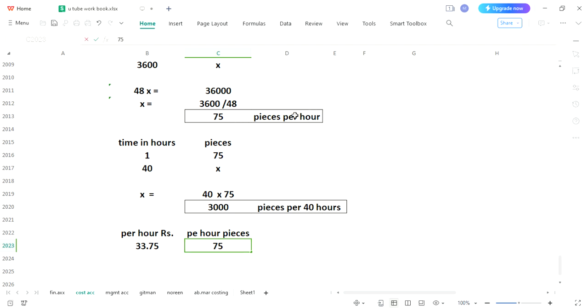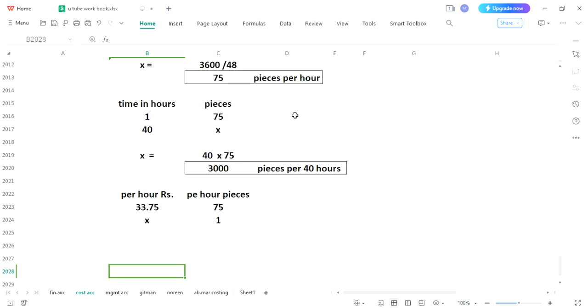Now the next step would be very easy. For one piece, how much amount will the worker get? Hopefully you have understood. If in 1 hour you are getting 33.75 and in 1 hour you are required to make 75 pieces, in this way we can calculate our rate for one piece. For one piece how much amount would be taken?